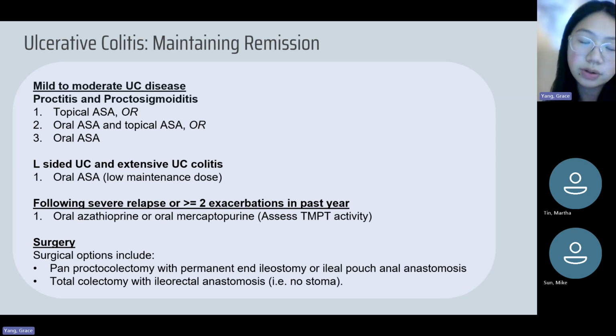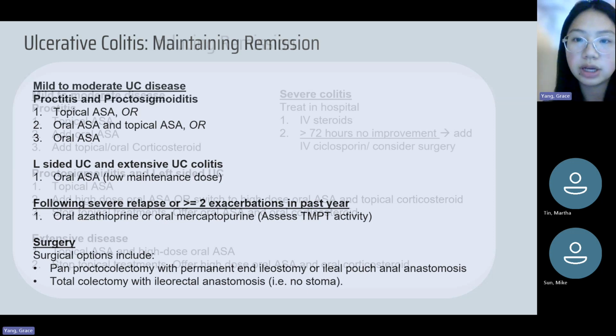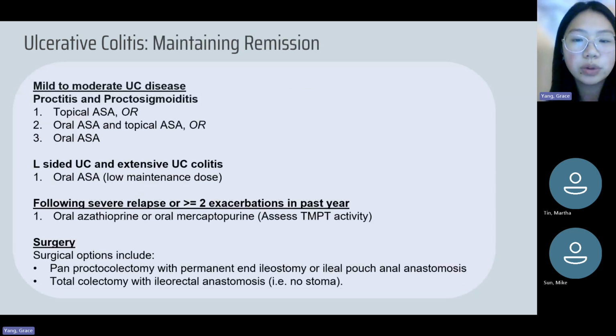If it's extensive, if it goes beyond the left side, or it covers the whole of the left side of the colon, you give them oral mesalazine. And if it's following a really severe relapse, they've had to get IV steroids, or they've had 2 or more exacerbations in the past year, you give them oral azathioprine or oral mercaptopurine. And again, you have to remember to assess the TPMT activity.